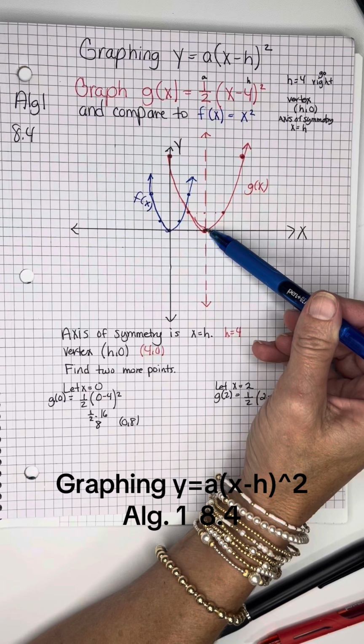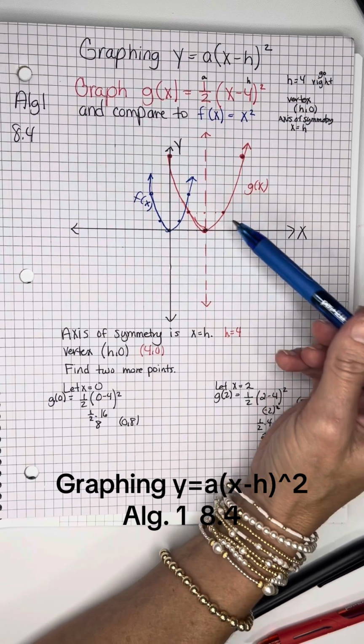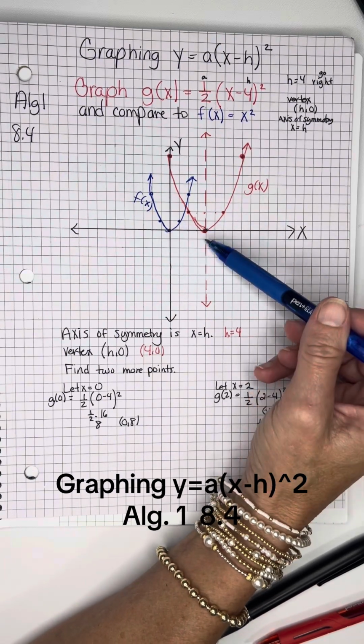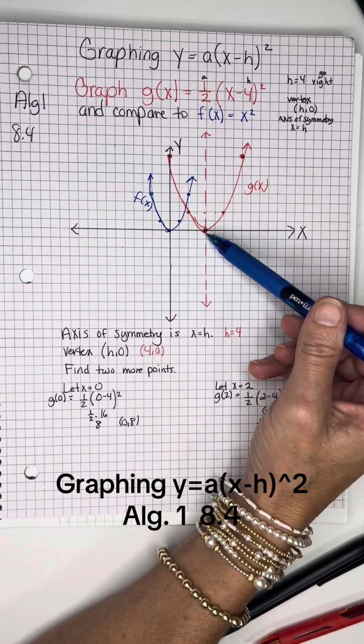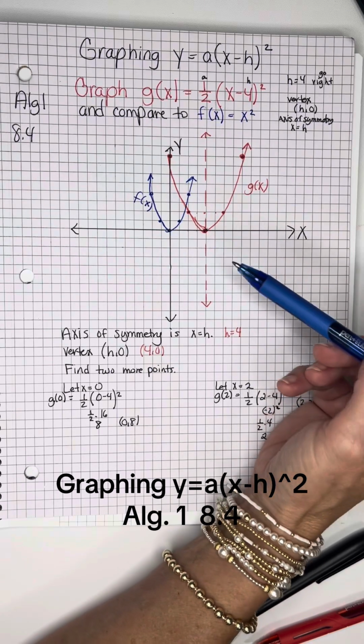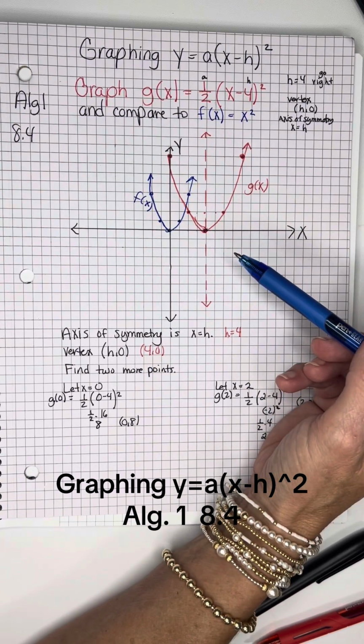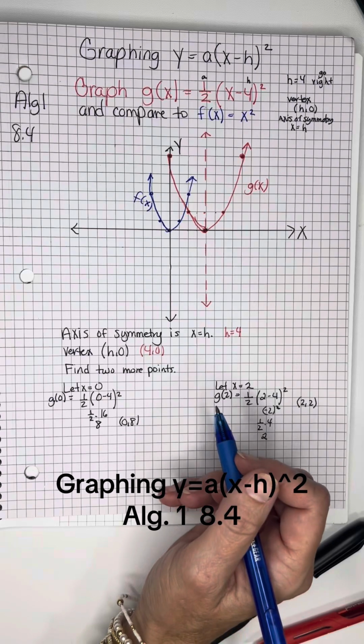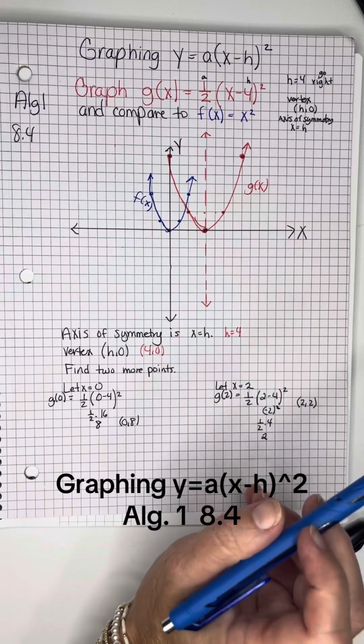This is x equals 4. It's 4 units to the right, so that's a horizontal translation. The vertex has moved from 0, 0 to 4, 0, and it's a vertical shrink by a factor of 1/4. Wait, no, a vertical shrink by a factor of 1/2.